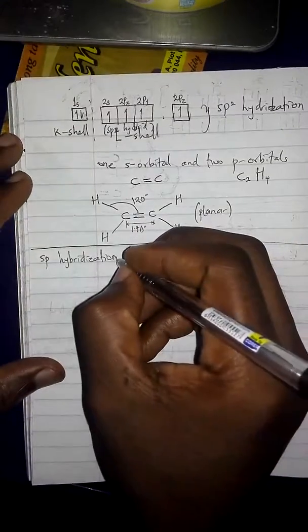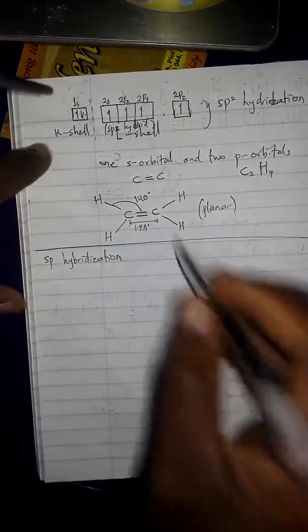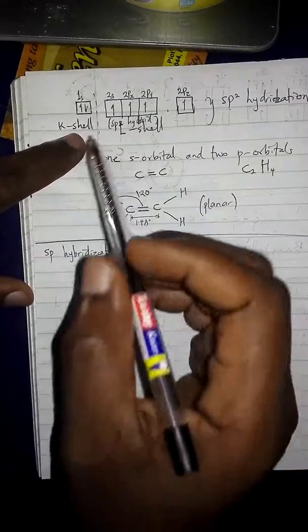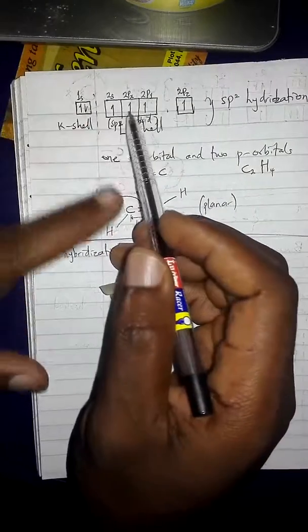So as you should expect for an excited carbon atom, when it undergoes sp hybridization, because now you have just one s orbital and one p orbital, that means you're going to have the 2s orbital and the 2px orbital blend or mix together. That means you're going to have the 2py and 2pz orbitals unhybridized.